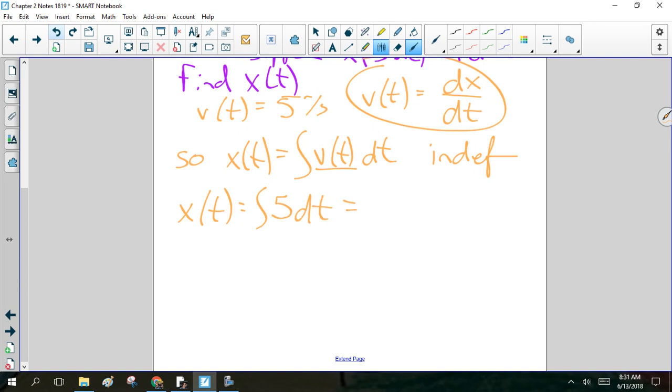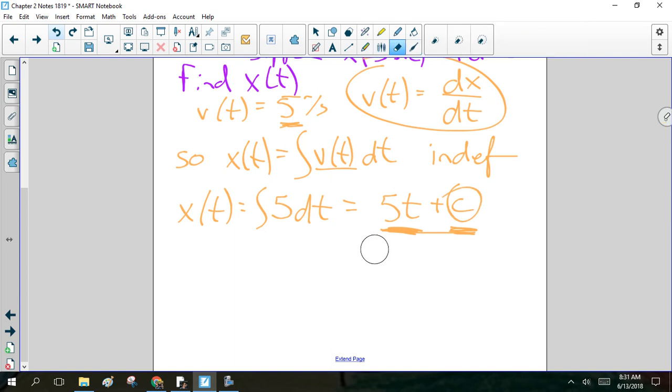Integral of 5 is 5t plus c, right? Because look, if I take the derivative of this, the derivative of 5t gives me 5, and the derivative of c is 0. That's the problem, is that no matter what this constant is, the derivative is 0. And we don't know what that constant is, okay?